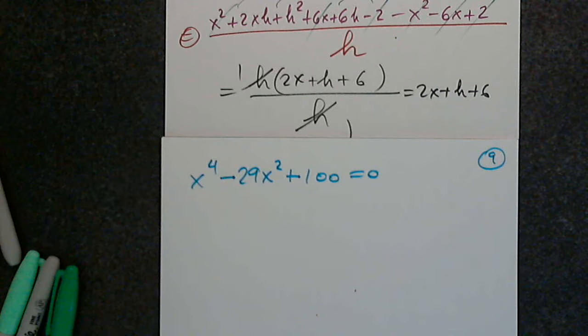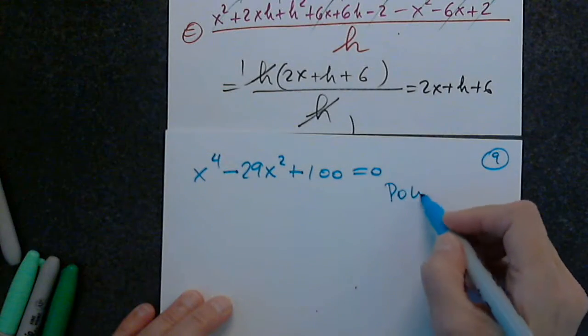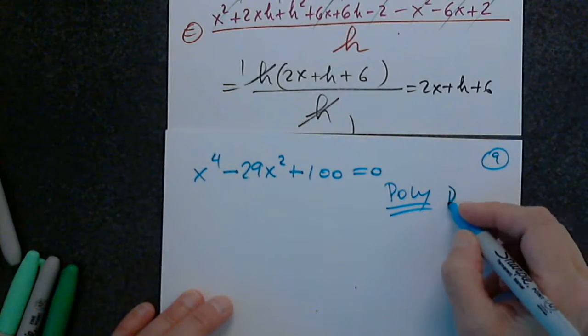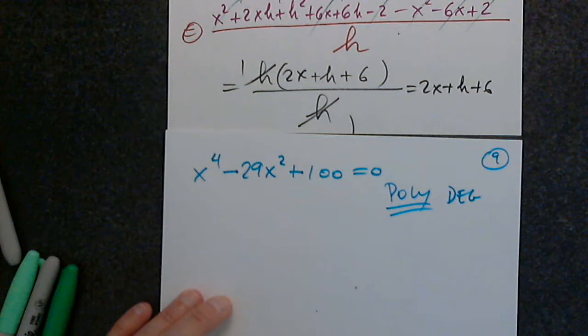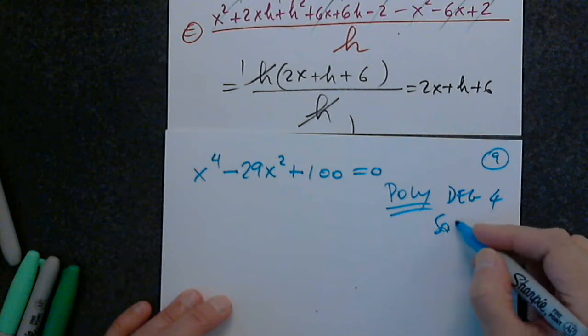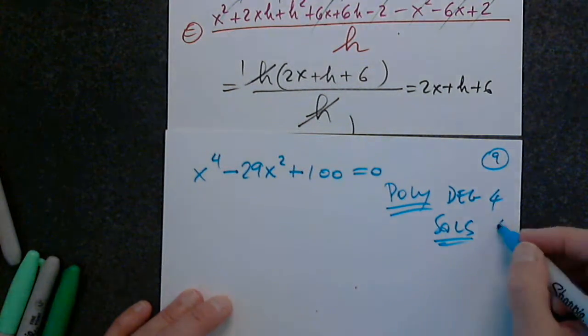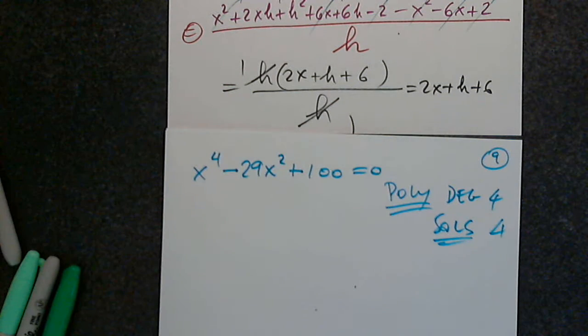And the answer is, it's quadratic in form, however, it's also polynomial. Very important because I need the degree. What is its degree? Which means how many solutions I have to come up with. Good. These preliminary observations are very important because then I will probably, hopefully, not forget the plus or minus, right?